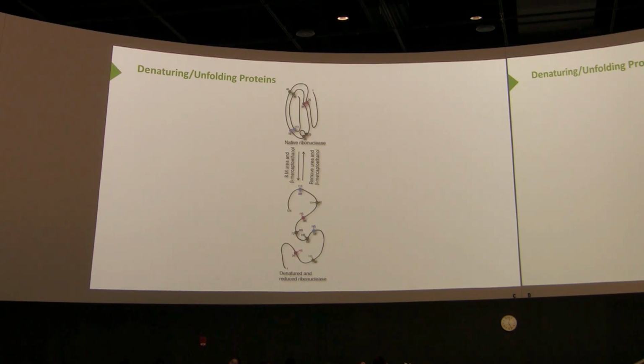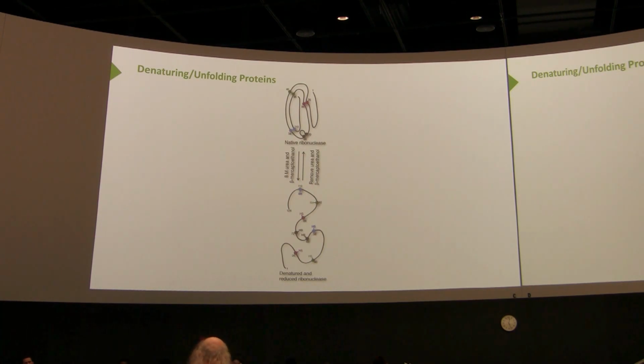It gives us the impression that we can refold all proteins back into normal functioning form. Most proteins cannot be refolded properly back into their functional form. But this one can. And this one has some interesting properties, so I want to go through and tell you about it. This is a protein called ribonuclease, or as we call it more commonly, RNase, A-S-E.